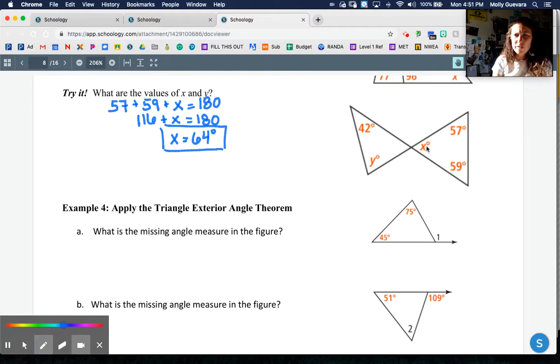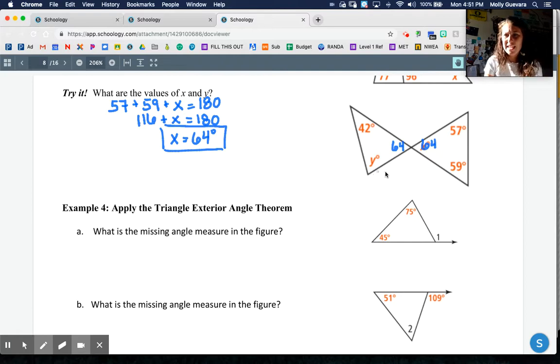Well, if this is 64, then that means this is also 64 because they are vertical angles, right? They are across from each other. And that's going to end up helping me solve for y, because now for y, I have 42 plus 64 plus y equals 180.